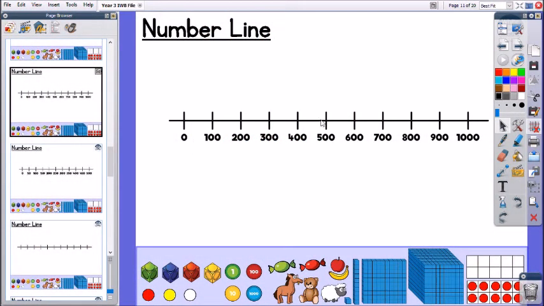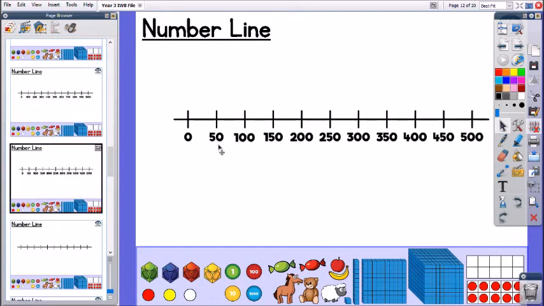Now if we zoom into this number line a little bit more, we can also find all of the numbers in between. If we look here, I've zoomed in and now we can see the numbers in between 0, 100, 200, 300, 400 and 500. What is the number that you can find in the middle of all of these numbers? 50, fantastic.